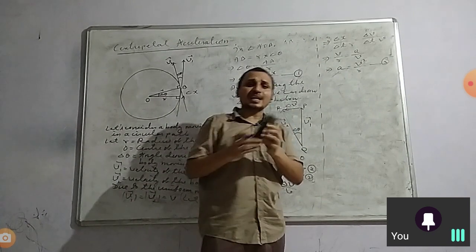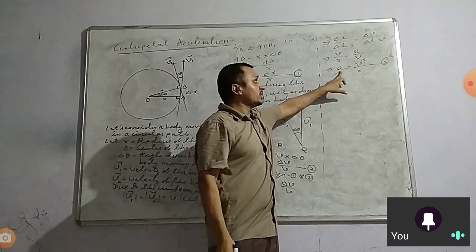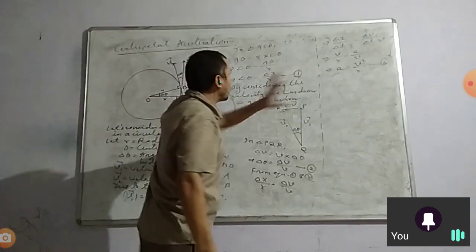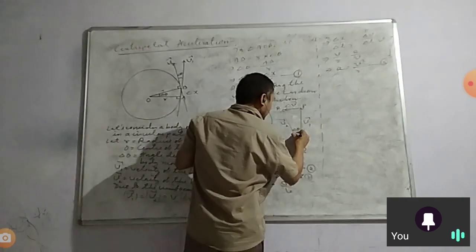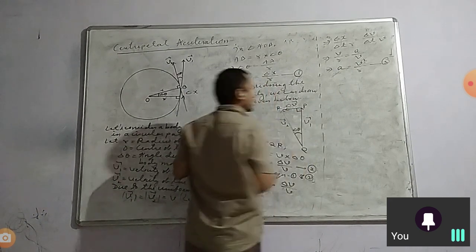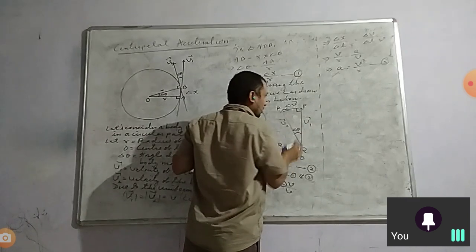Now we know that this acceleration is a vector quantity, and the magnitude is what we got. But when we want to determine the direction, what will happen? See, this angle is delta theta. This delta V is perpendicular to V1. Why?